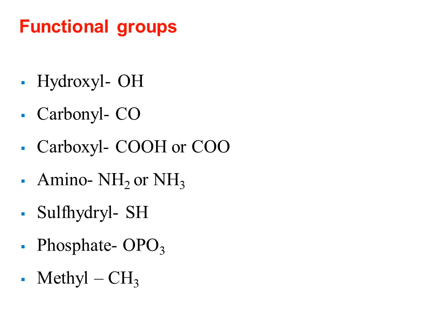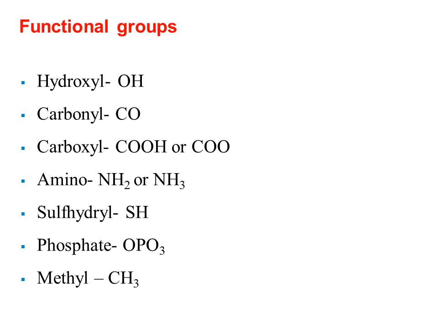Here is a list of several functional groups that you will see in this class. We have the hydroxyl groups, which will be OHs. We have the carbonyl groups. This would be that double bonded oxygen linked to a carbon. We have our carboxyl group, COOH, or you will see it written as COO.